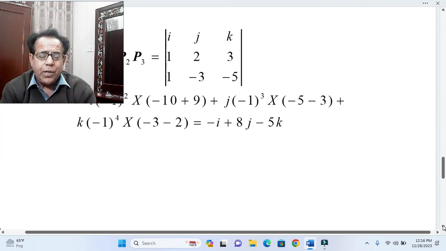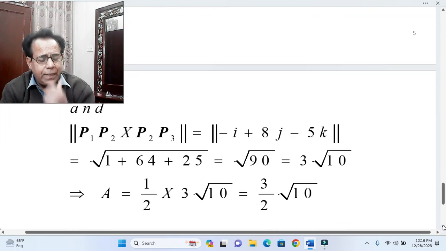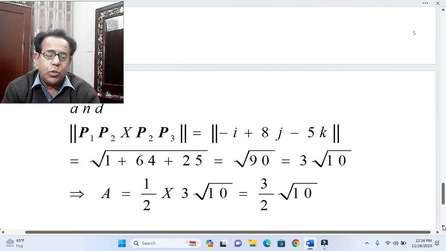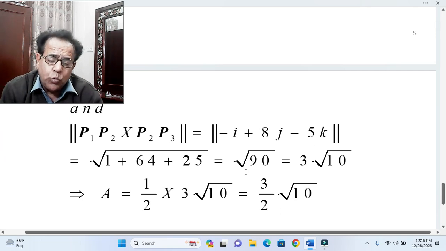Now in the next step we are taking the magnitude of this cross product. The magnitude will be equal to the square root of the square of this plus the square of this plus the square of this. So 1 plus 64 plus 25 will become the square root of 90.